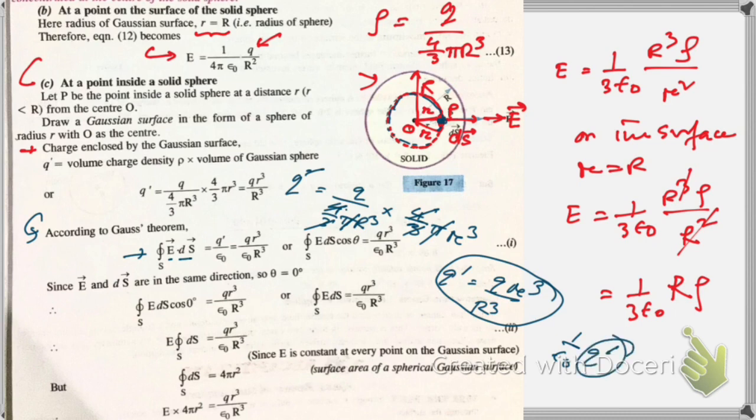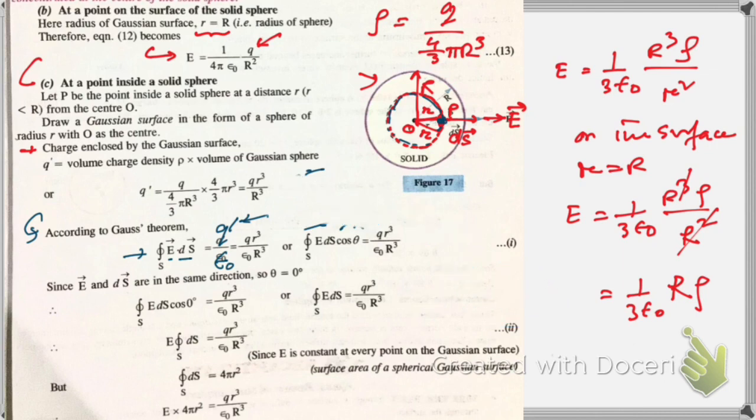Q dash is the charge enclosed by the Gaussian surface now, so we take Q dash instead of Q. So here we have Q dash by epsilon naught. Let's use this value of Q dash here, that is Q small r cube by capital R cube. And doing so, let me clean this.